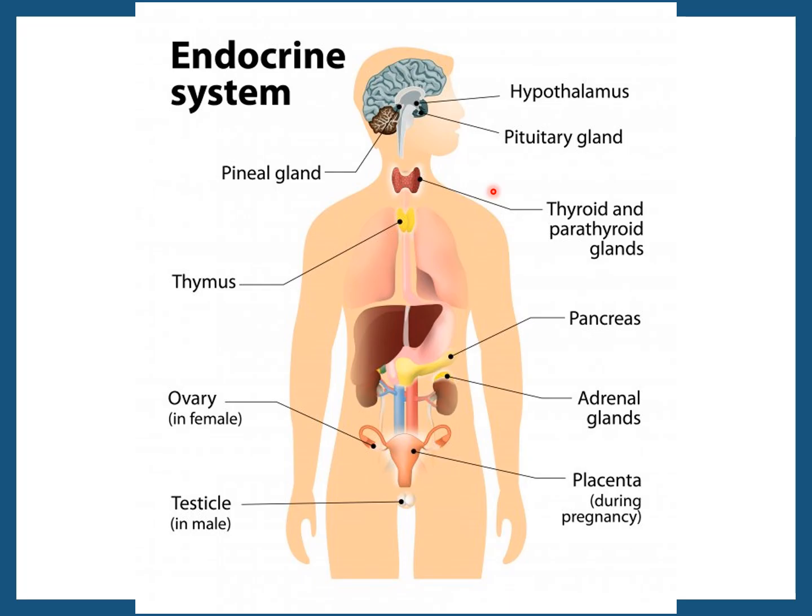In the next lesson, we will go over the rest of these glands: the thyroid and parathyroid glands, the thymus, the pancreas, your adrenal glands, the ovaries and testes. We will not be talking about the placenta, but during pregnancy, the placenta does release hormones, so it does act as an endocrine organ.